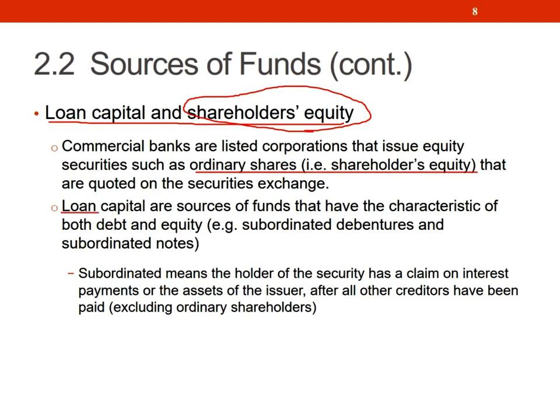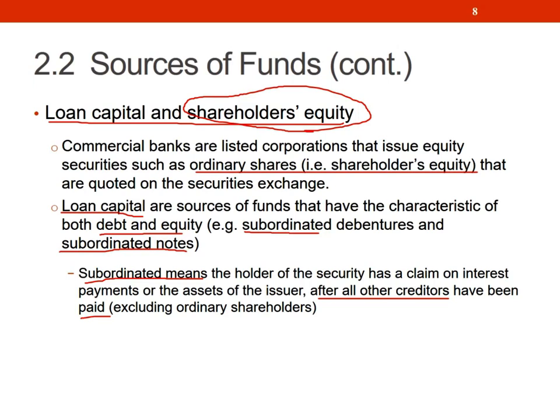There is also loan capital, which is a source of funds that have both the characteristics of debt and equity. For example, subordinated debentures or subordinated notes. And what we mean by subordinated is that the holder of the security has a claim on interest, payments, or the assets of the issuer after all other creditors have been paid.